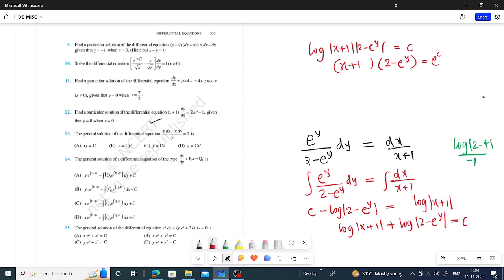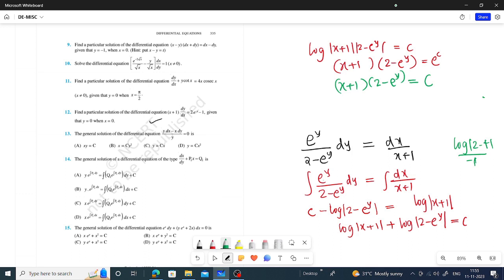Exponential of c is again a constant, so you can write it in the form x plus 1 into 2 minus e raised to y equal to capital C. So this is the solution.